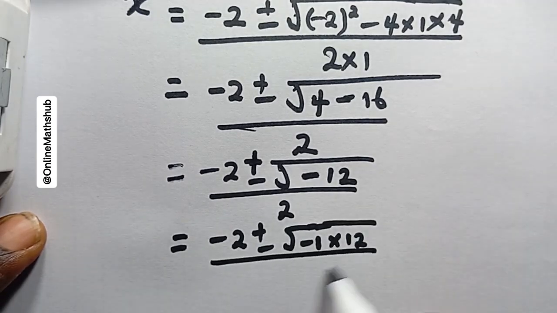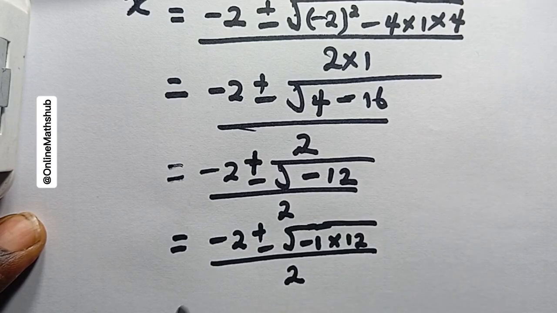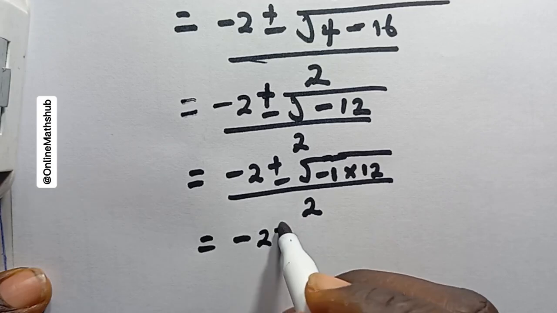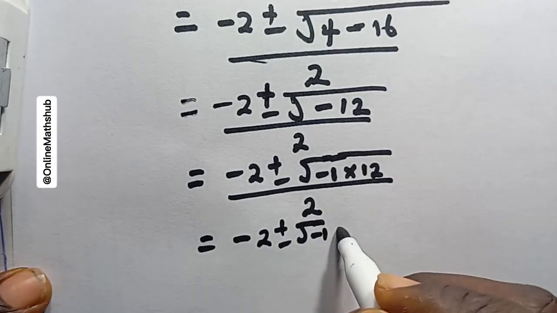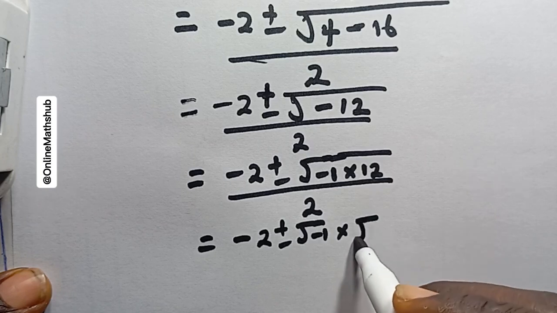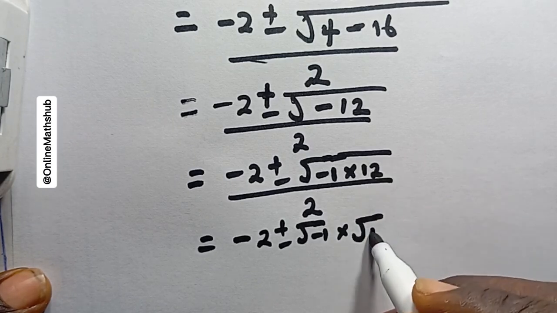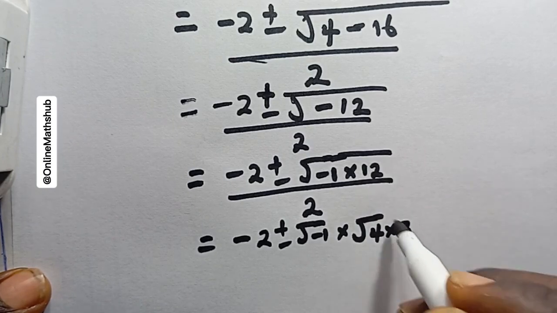Okay, that is what I have, and I can also go ahead to split it. I have minus 2 plus or minus root negative 1 and then multiply by root 12, and I can write this root 12 as 4 times 3.